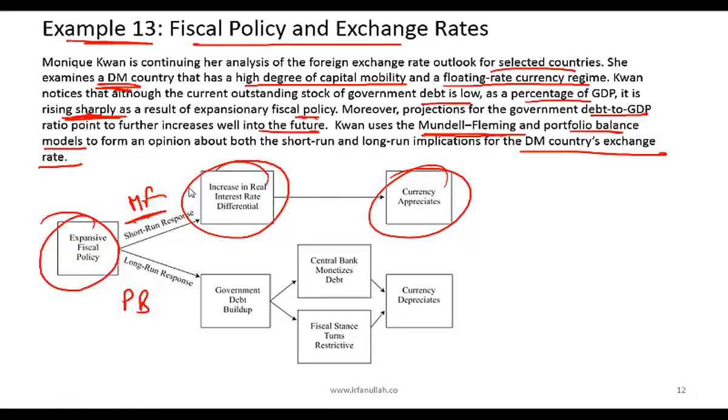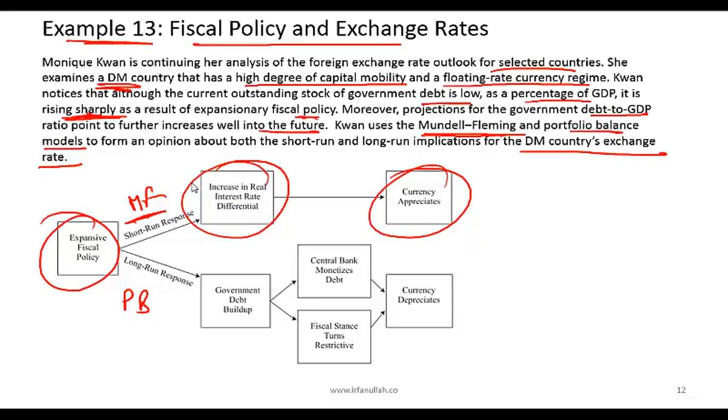Here I want to clear a confusion. Many students ask this question. In earlier parts of this reading, we talked about the fact that countries with high interest rates actually see a depreciation in currency. Here we seem to be saying the opposite, that high interest rates cause the currency to strengthen. Why?